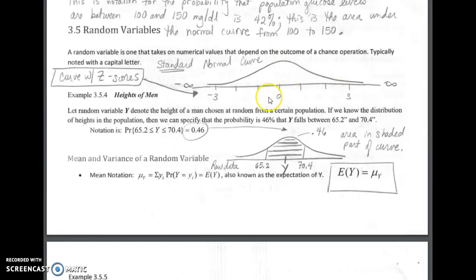We call the standard normal curve the Z distribution, and so we can calculate Z scores. So we look at example 3.5.4 under the heights of men. We're going to let Y be capital Y, and random variables are usually done with capitals, but capital Y is the random variable for the height of a man chosen from a certain population.